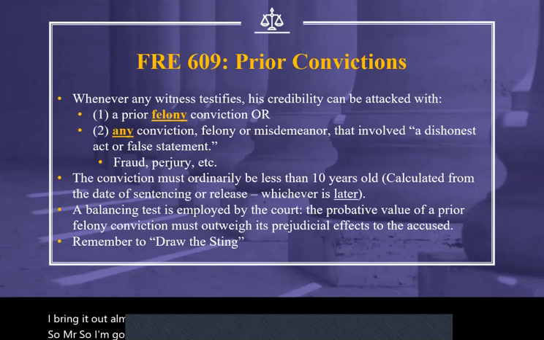Yes. What was the felony? All right, and you go through it. And you were released when? And so it's been about 10 years since your release, right? And you haven't been charged with anything since then? No. That's where you draw the sting.